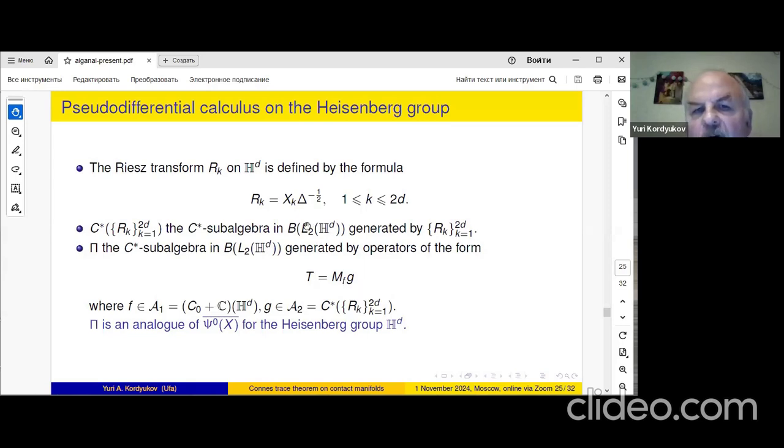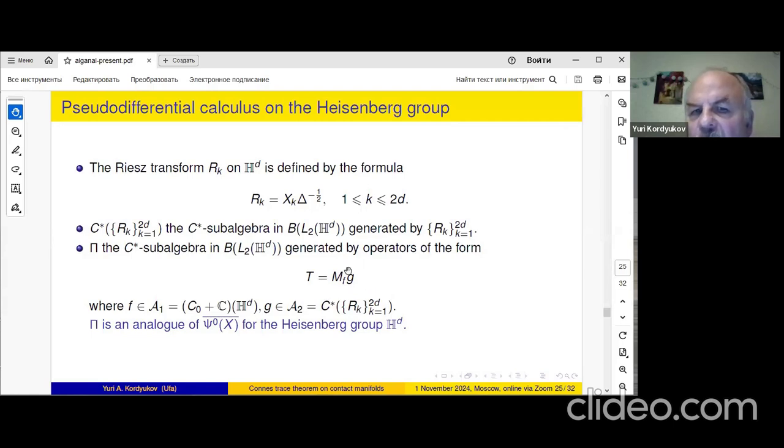So in some sense, if I am talking about usual pseudodifferential operators, their symbols depend on x and psi, and they are generated by products of functions of x and functions of psi.